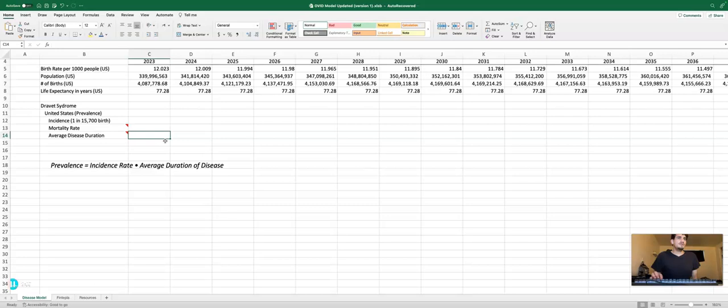So the way I'm going to calculate this is by using weighted averages. If 20% are going to live less than 10 years, I'm just going to assume 10. And then 80% are going to live up to 77. What is the average disease duration going to be?